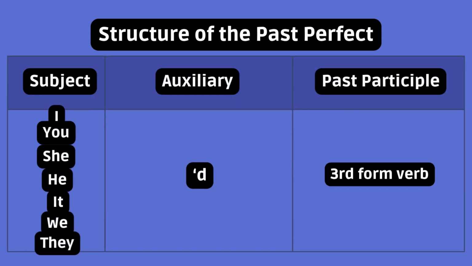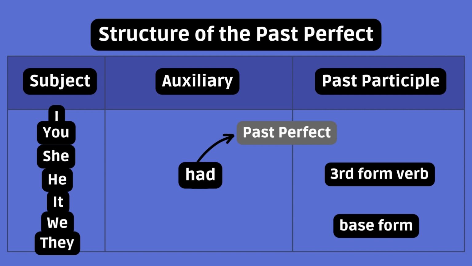In a vacuum, this contraction, apostrophe D, can go both ways. You can figure out the real meaning with a bit of context. Look at the following word. A past participle, or third form, implies had, so it's the past perfect here. A base form verb, or infinitive, implies a conditional tense, would plus base form, so would is used here.